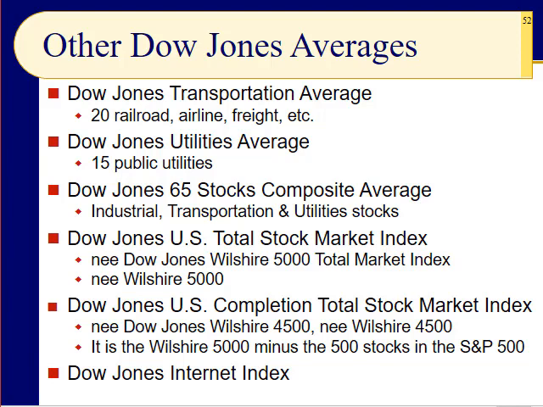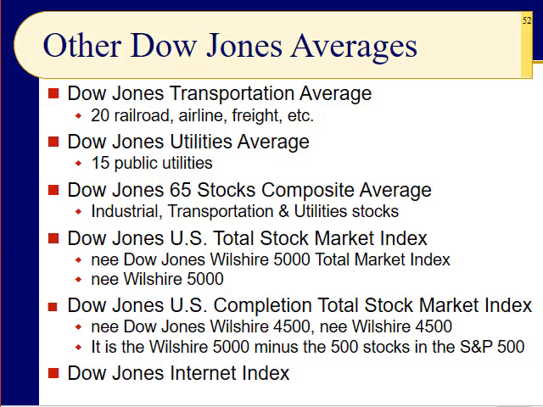So that's supposed to look at the medium-sized stocks and the small company stocks. Cool? Okay. You don't see it too much, except when you're looking at 401k plans and the like, and index funds and the like, and they have one of these index funds that tracks that U.S. completion total stock market index.